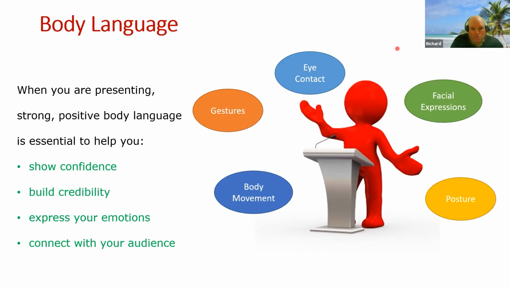So if you want to look confident, use your hands when you're talking. If you want to look confident, use eye contact with your audience, looking at your audience. Now, if looking at your audience makes you feel uncomfortable, look beyond them. Look at their forehead, look at their hair, look at their shoulders.